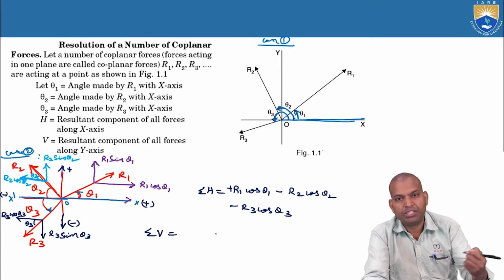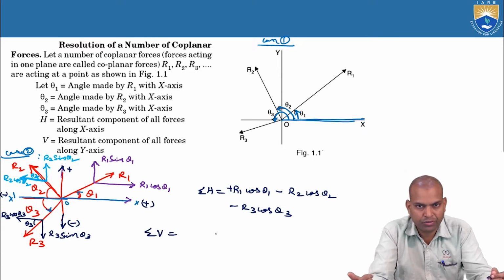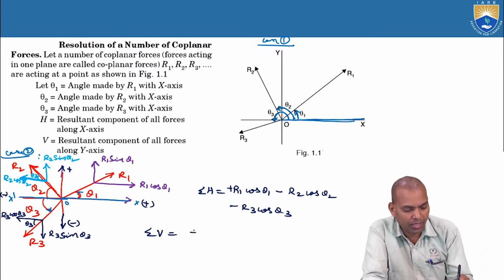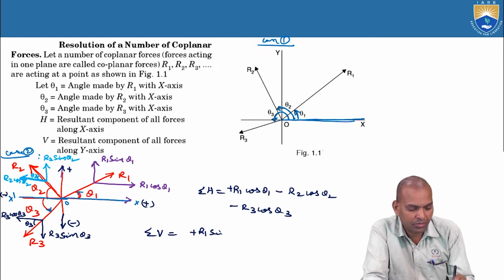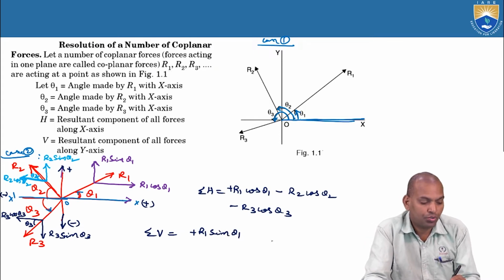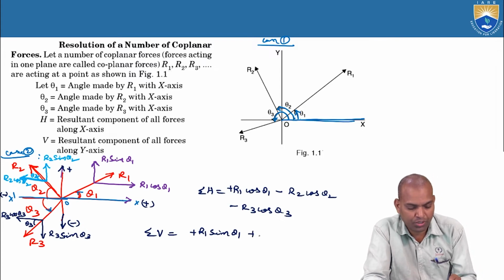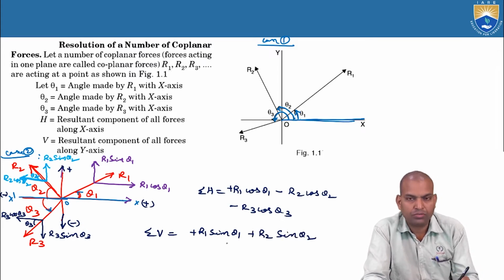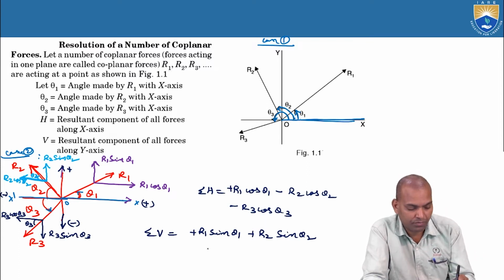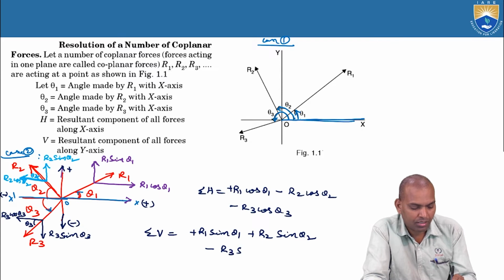Now the upward direction is positive y, downwards is negative y. So R1 sin theta 1 is positive y. Next, what about R2 sin theta 2? It is also positive, R2 sin theta 2. Next, R3 sin theta 3 is in the downward direction, so minus R3 sin theta 3.